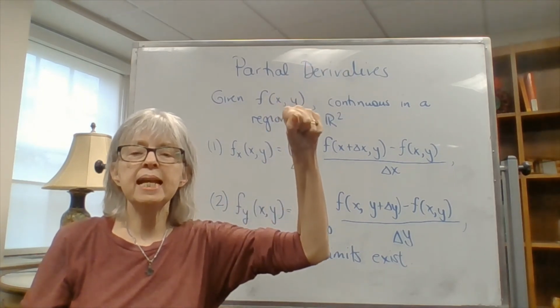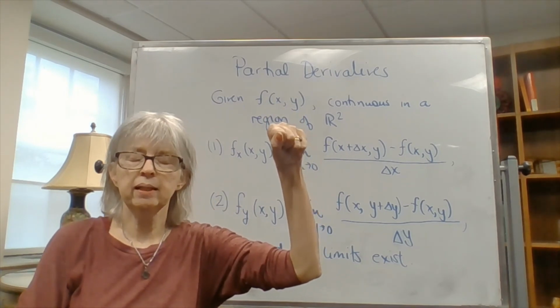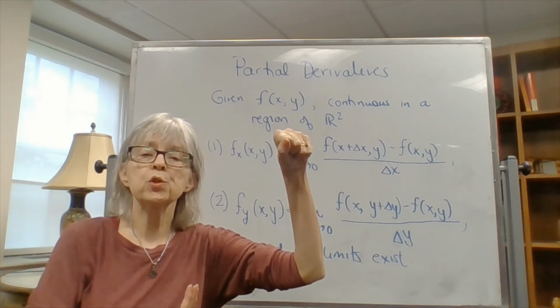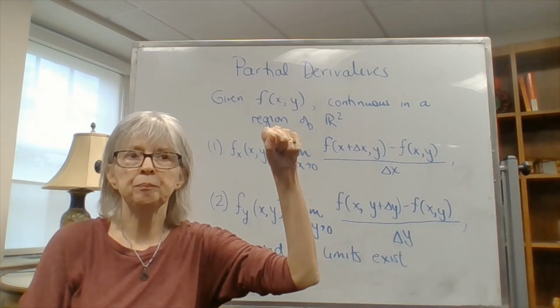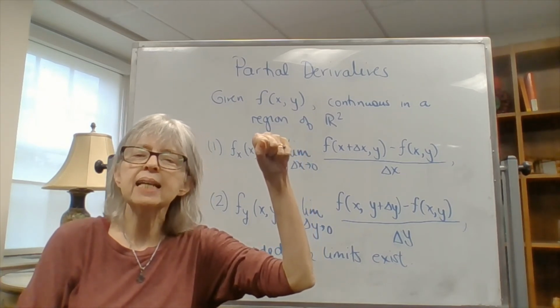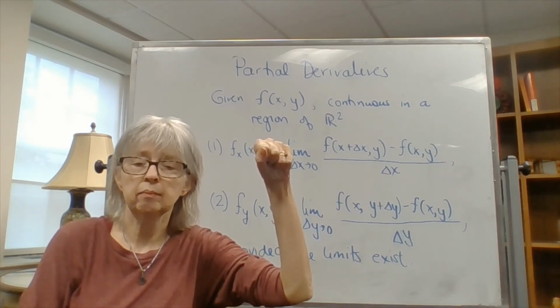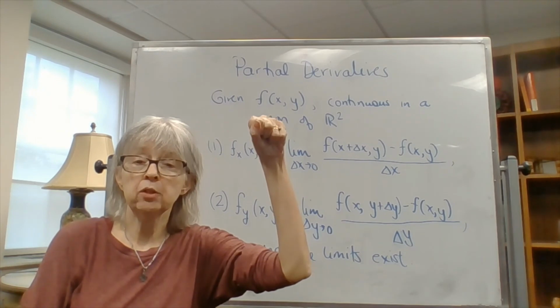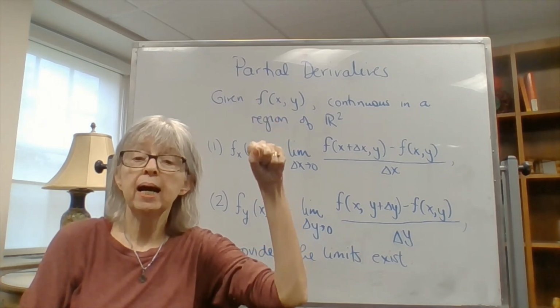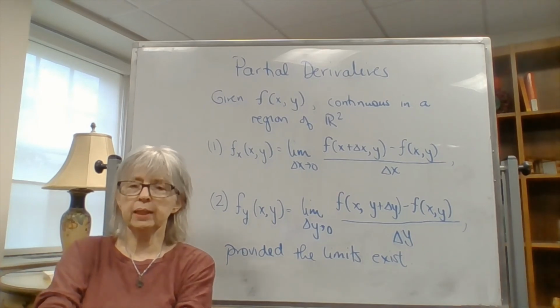And if I'm standing on the surface that's defined by z equals f of xy, then what I'd like to know is if I take a tiny step in any direction, will my height increase? Will my height decrease?